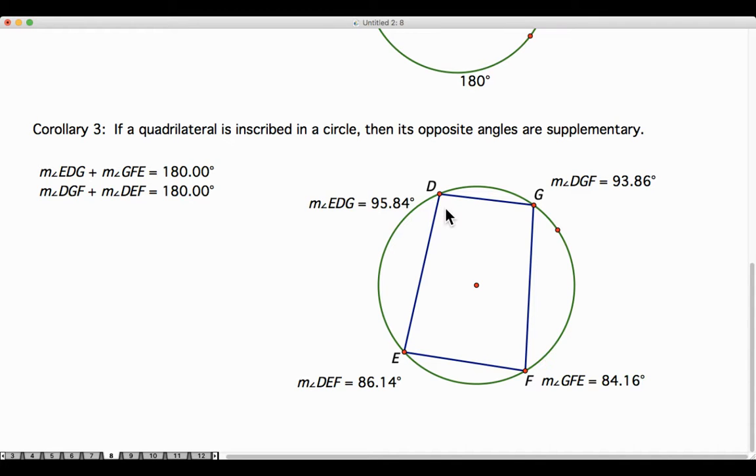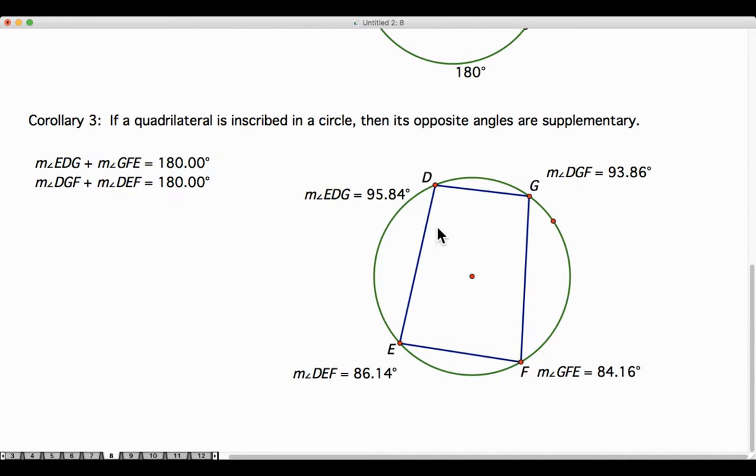Okay, to see what's going on, we need to think about these as inscribed angles. So this angle right here at D, for instance, is an inscribed angle, and it cuts off the arc that runs all the way from E to G, the arc EFG. The angle opposite it is an inscribed angle that cuts off the arc from E all the way to G, but in the other direction.